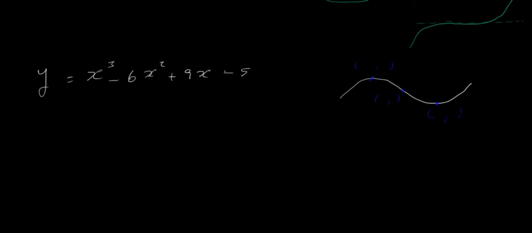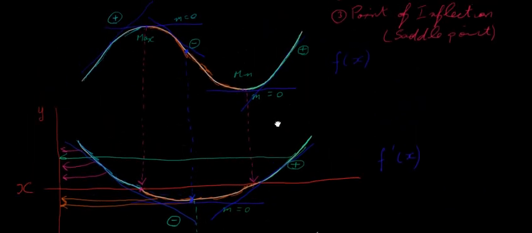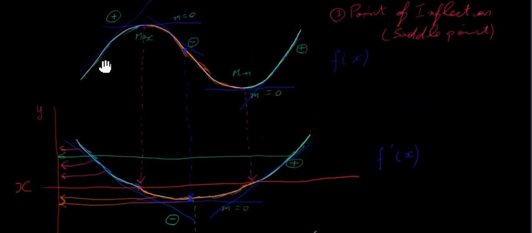Now, first thing I'm going to do is find our local maximum and our local minimum. So let's do that first. In order to do this, remember if I go back to my function here, this was the original cubic function that I started with. We can see that at the local maximum and at the local minimum, the slope of the tangent is 0.